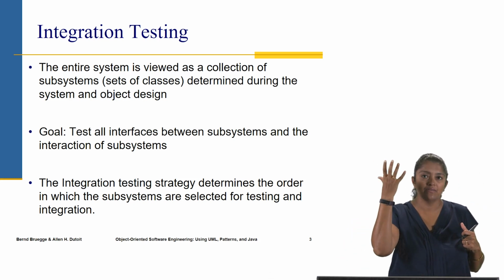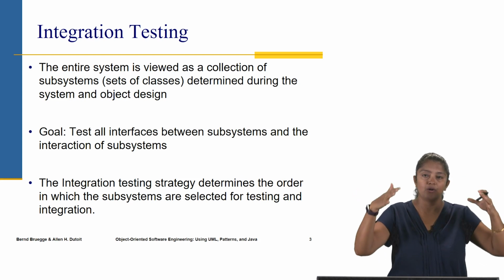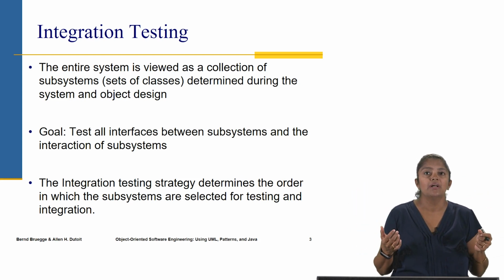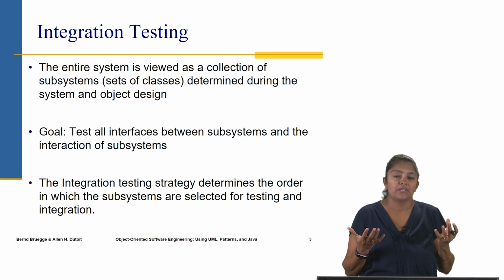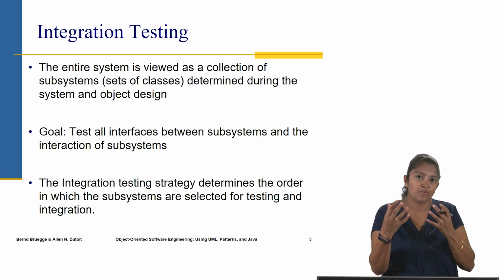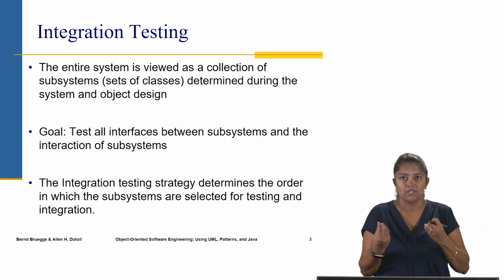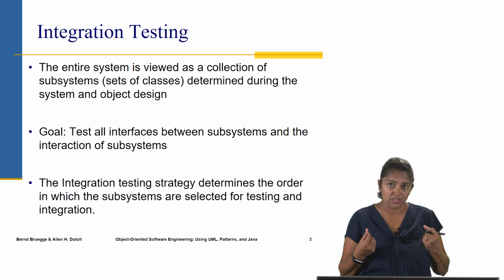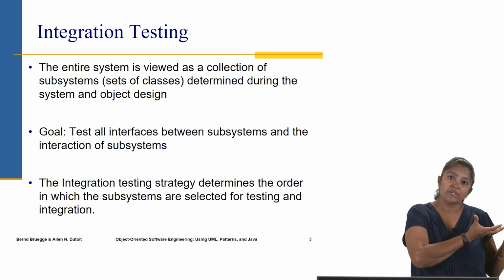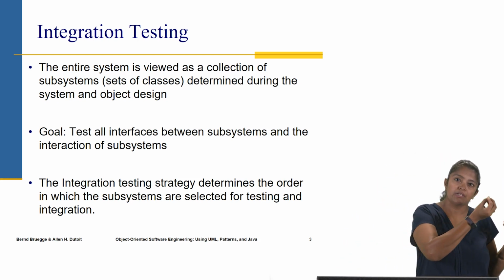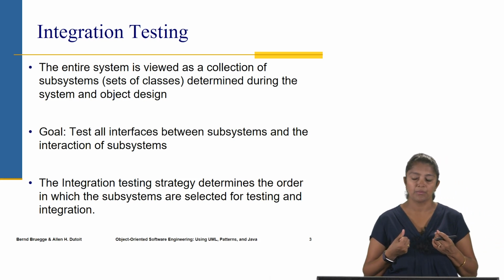The high level design provides the overall system architecture, and that's where it's determined how our system is broken up into subsystems and what goes into each of the subsystems. And then in the detailed object design, the design for each individual unit is determined.